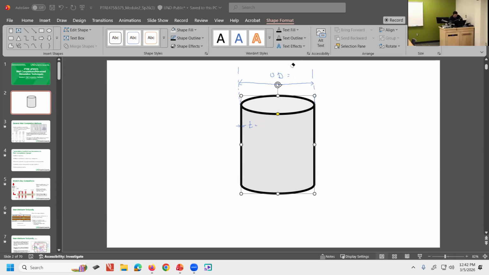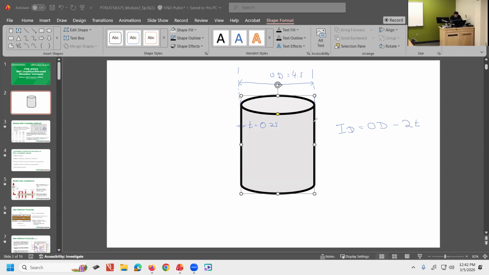Let's just put numbers on it. Outer diameter 4.5, thickness 0.25. What is the inner diameter? It's common sense that the inner diameter is going to be outer diameter minus 2 times the thickness.